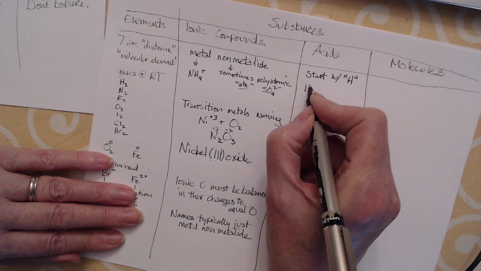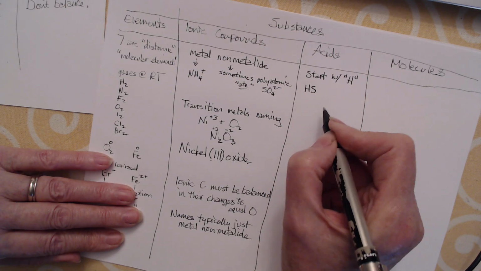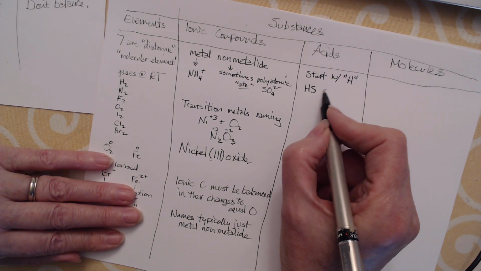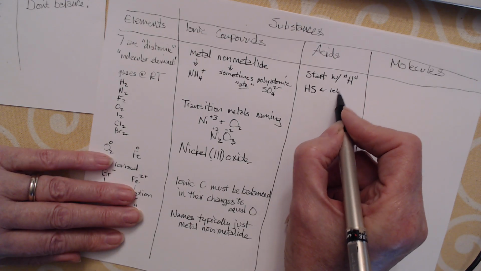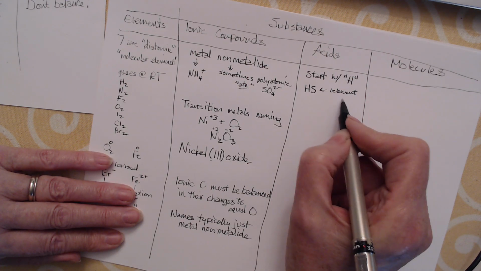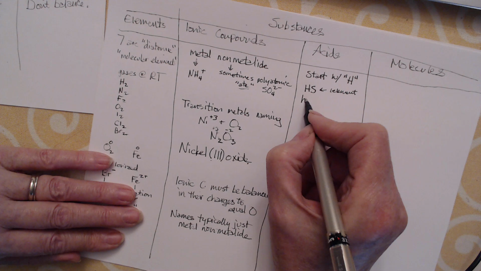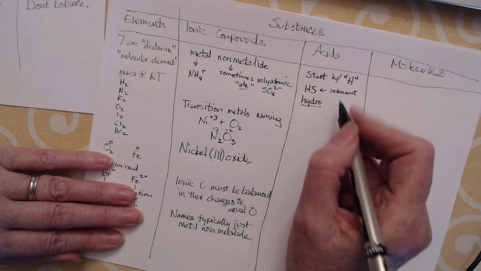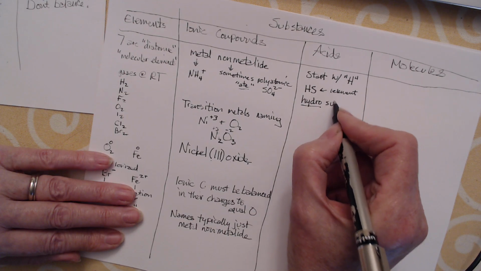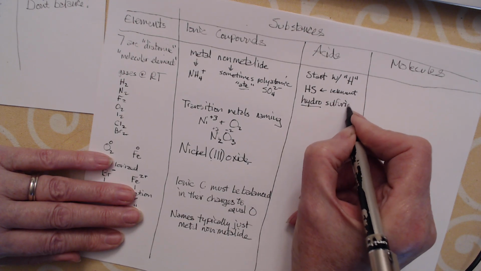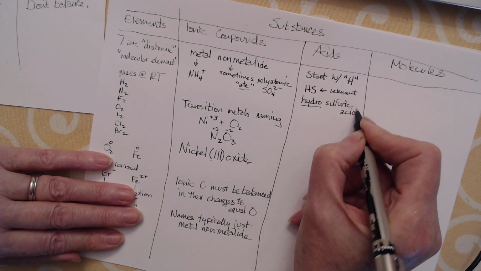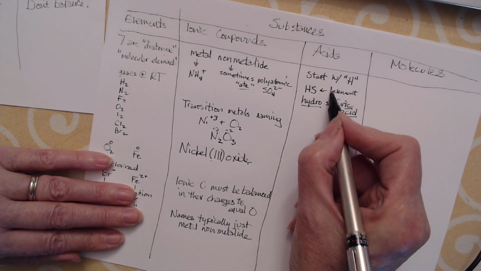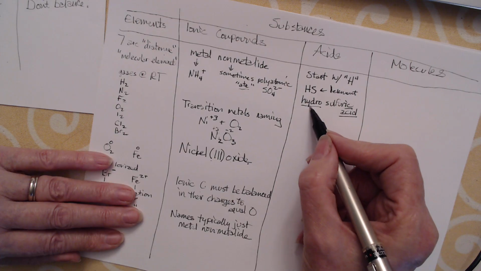So if I've got an acid that only has one element, then it's going to be hydro. I have to have the hydro there. And then in this case, hydrosulfuric acid. So I've got an ic acid. Because I only have one element here, I've got a hydro.